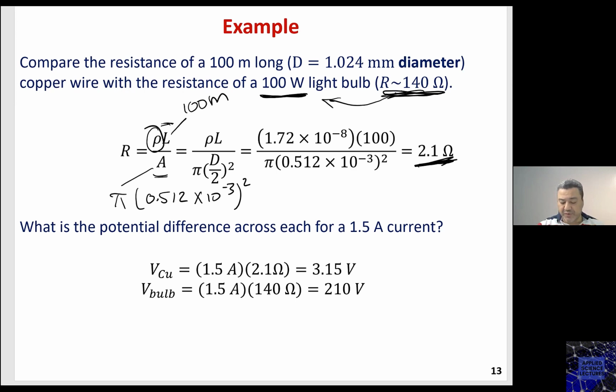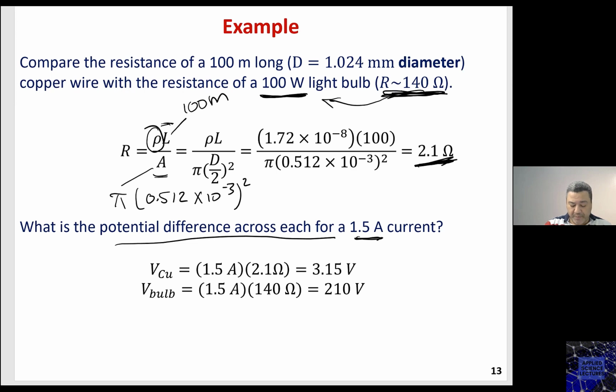However, the resistance for the light bulb is 140 ohm. Now, if you want to calculate the potential difference across each for 1.5 ampere, so if we have the same current going through both of them, what is the potential difference?